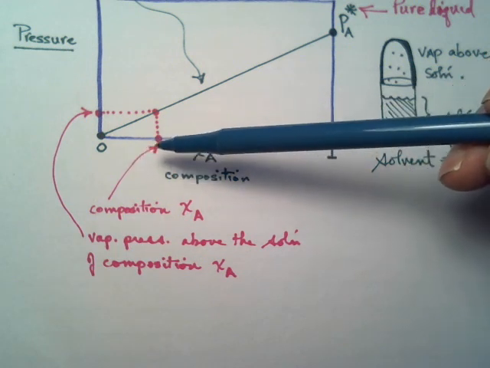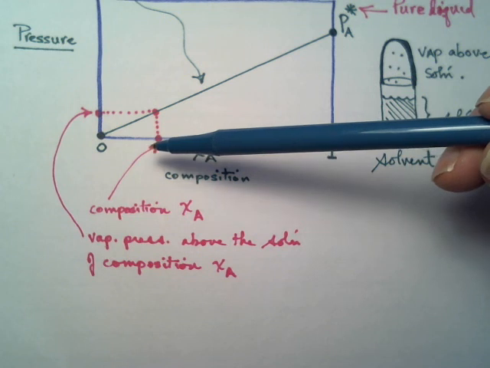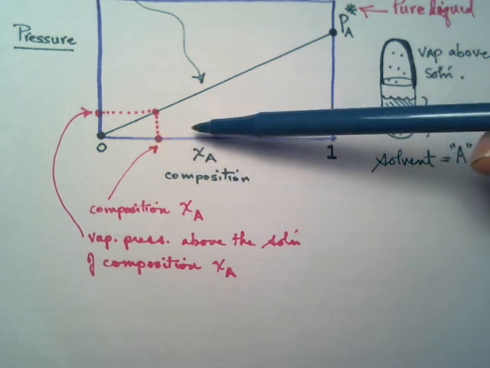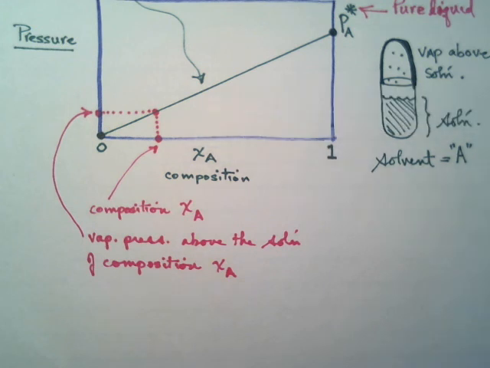And it makes sense that it's a straight line and has no curvature to it because it's ideal, and so I don't have any extra effects of those A-B molecules exerting forces on each other that would either push more molecules into the vapor phase or restrict some because of their high affinity for each other. And so it is a straight line.